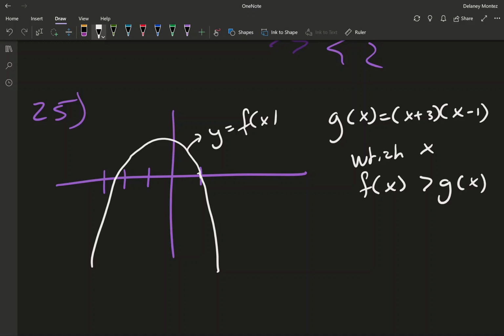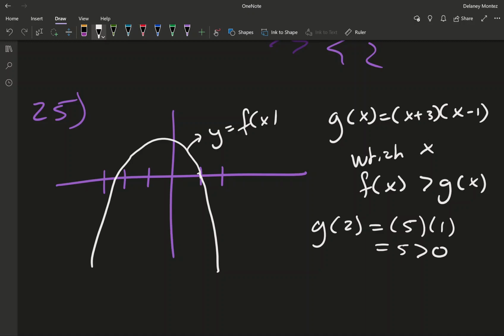Okay, so let's just start from the bottom. We know this is 1, this is going to be 2 here. Let's just try some choices. So 2 is D. If I plug in 2, g of 2 is going to be 5 times 1, and that's 5. 5 is greater than 0, obviously.